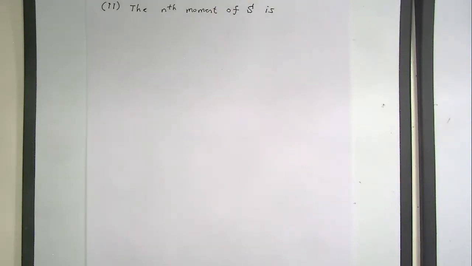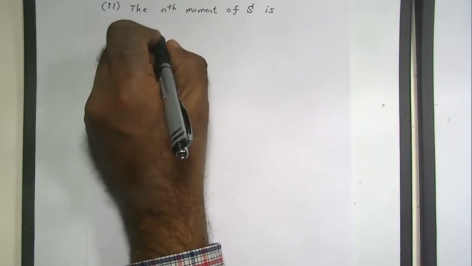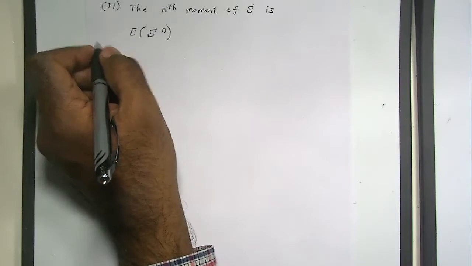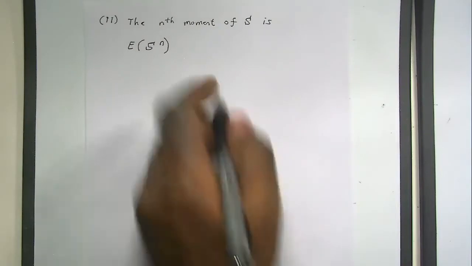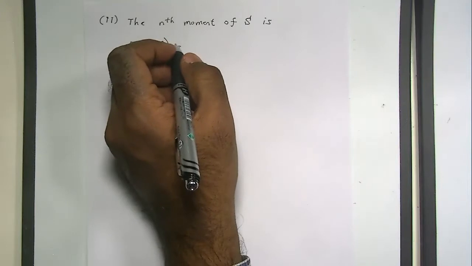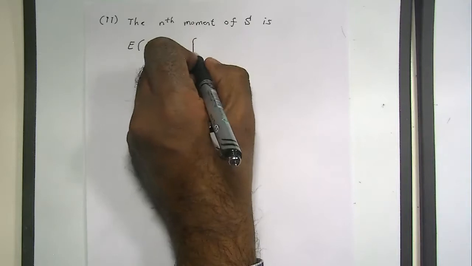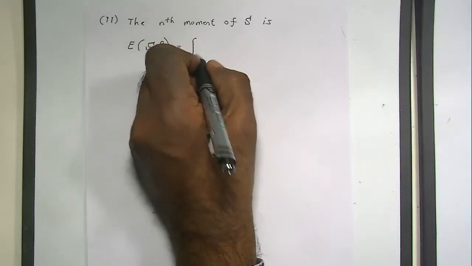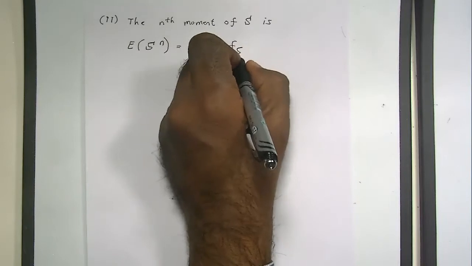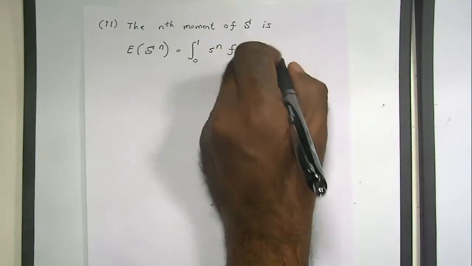When I say the nth moment, I mean the expected value of s raised to the power n. That's what it means, right? So this will be the integral from 0 to 1 of s to the power n times the density function of s ds.